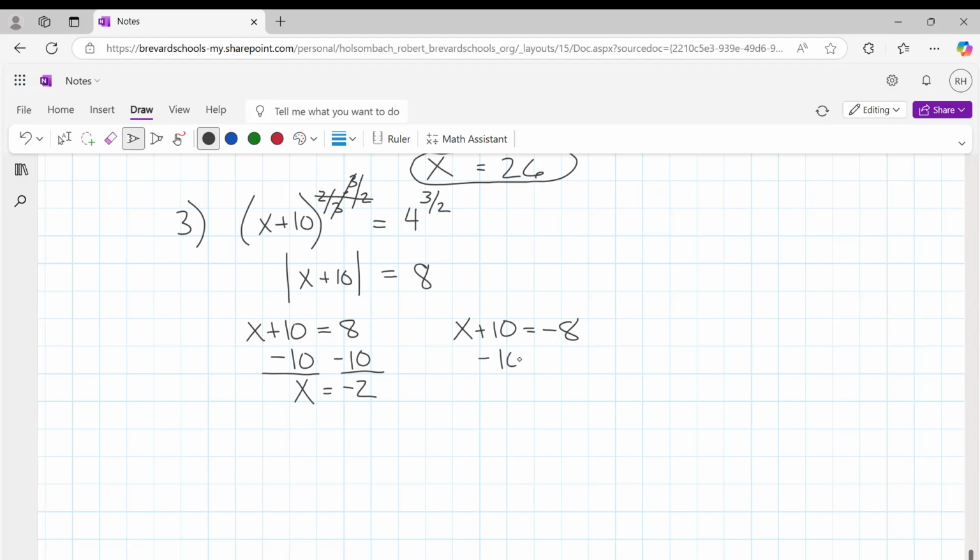And then again, subtract 10 from each side, and we get an x that's equal to -18. And then check each or both of the solutions back in their original equation and make sure that one of them is not extraneous.